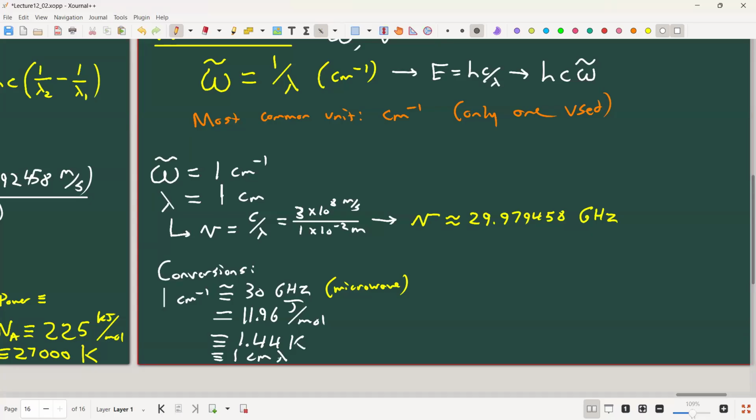We can use a wave number, frequency, energy, wavelength, we can even use temperature. Astronomers use temperature for energy, which is really annoying. But they'll report things in Kelvin as an energy. So they're all interconverted.